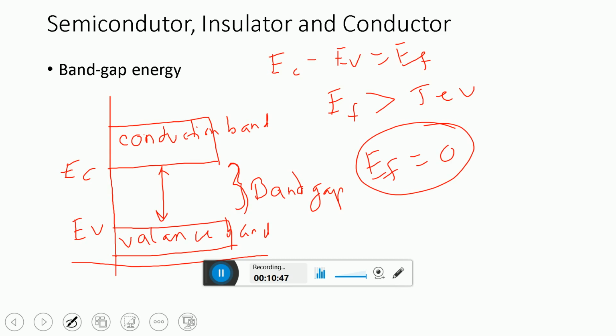And when the band gap energy EG is nearly equal to 1 eV, then this is called a semiconductor.